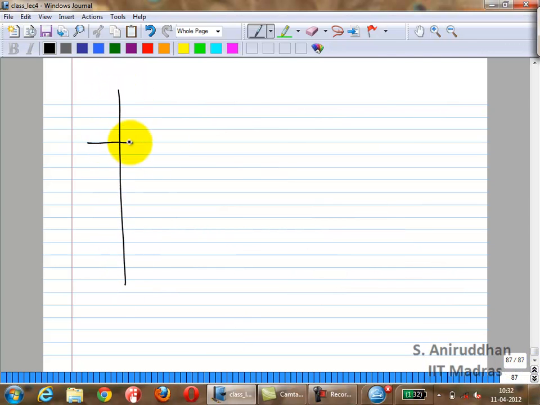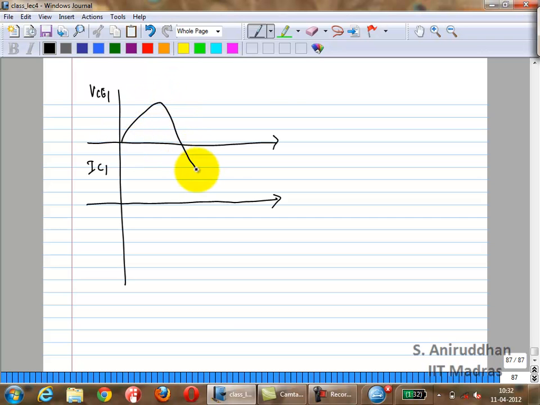Now suppose you draw the current and voltage waveforms through transistor 1. So let us say it looks like this.